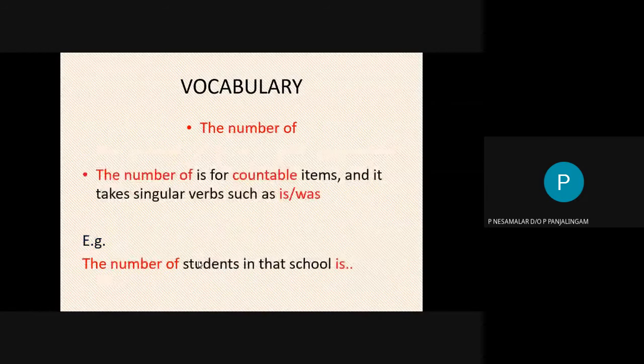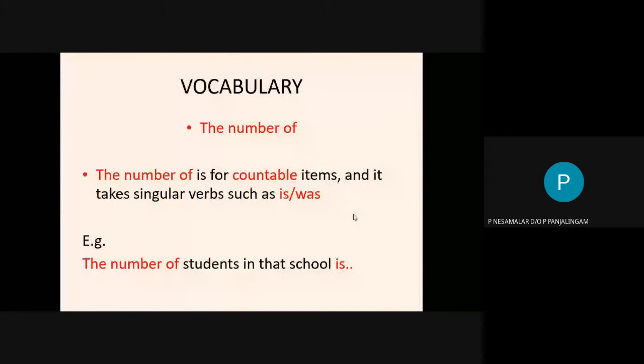Now, the phrase the number of is for countable items, but that too takes a singular verb. This can be confusing for some learners. For example, in this sentence, the number of students in that school is, sometimes learners confuse this and use were or are because they think that they should do that as this is a plural word.